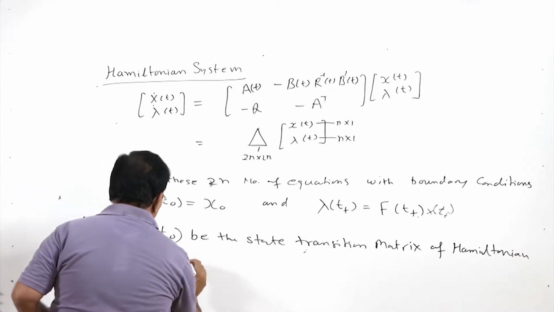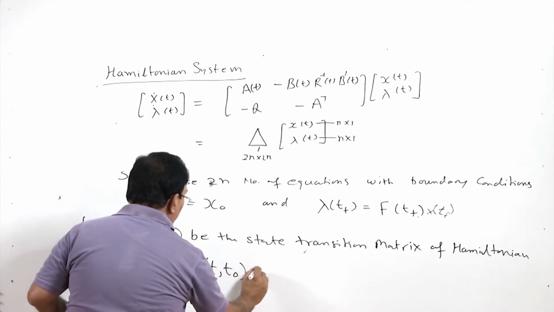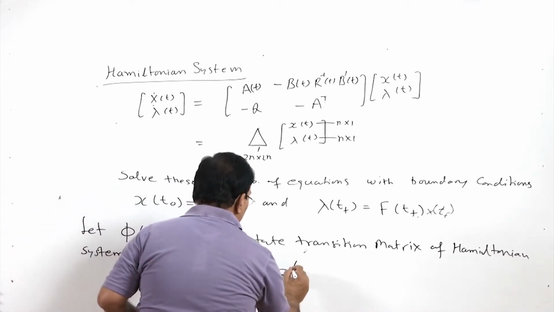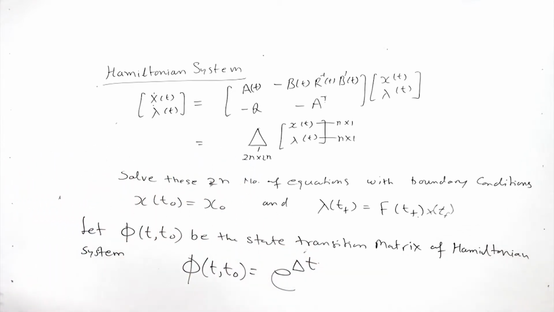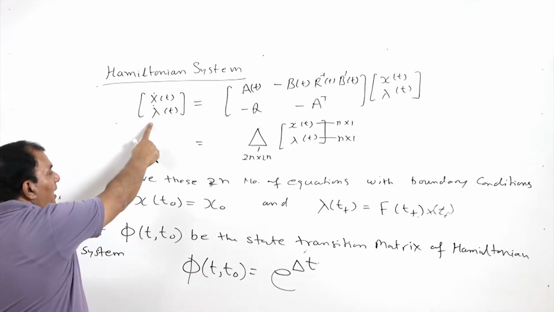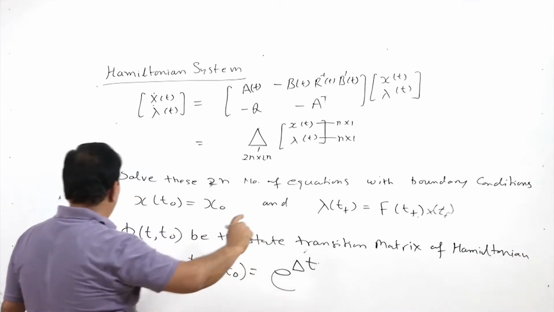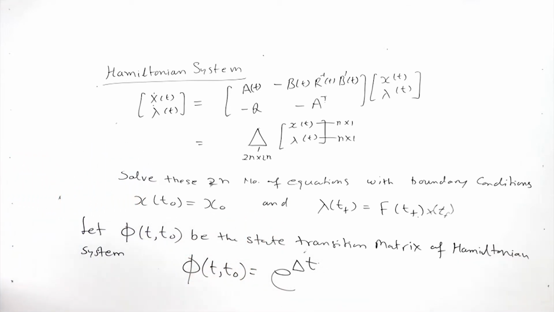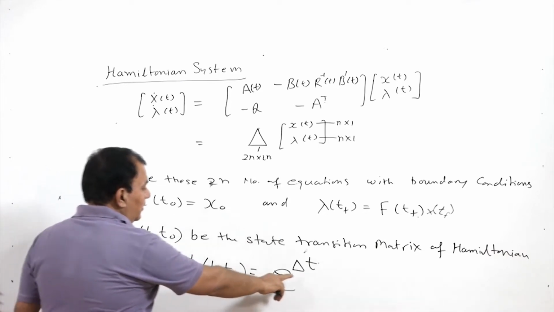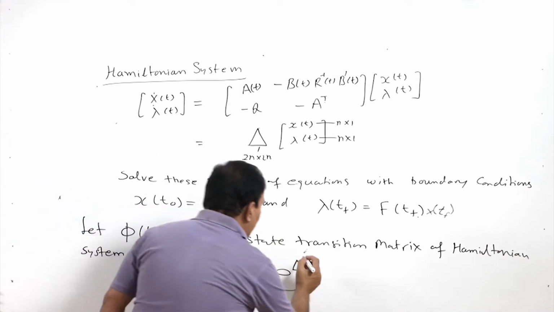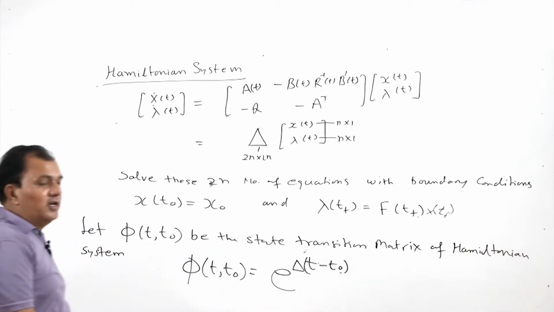This means we are considering phi(t, t0) to be e to the power delta (t minus t0). So, for my Hamiltonian system, the state transition matrix is defined as phi(t, t0), which is equivalent to e to the power delta (t minus t0).